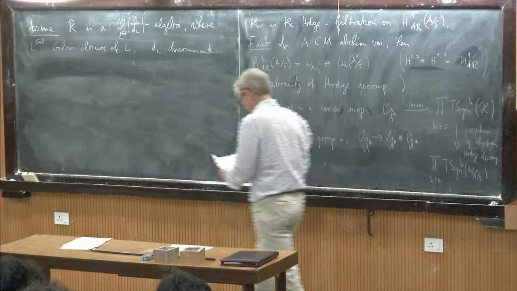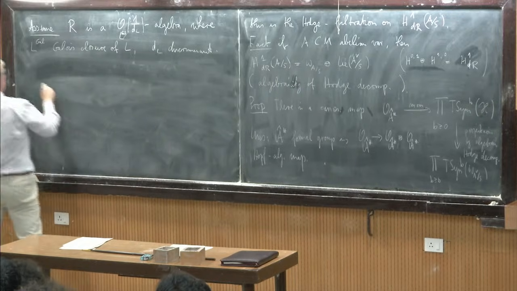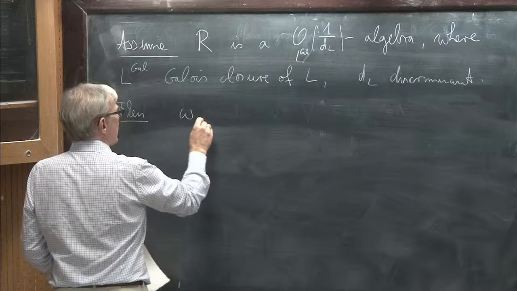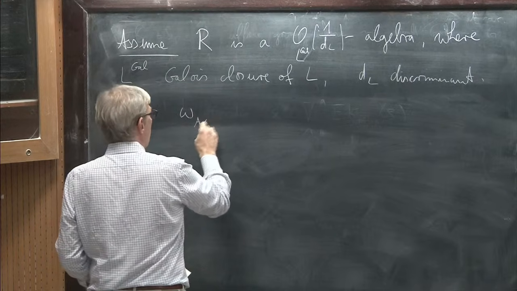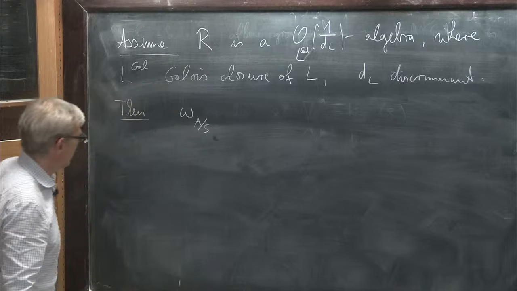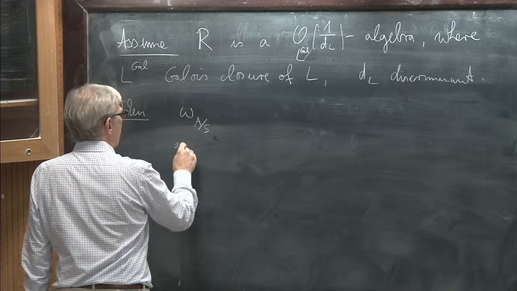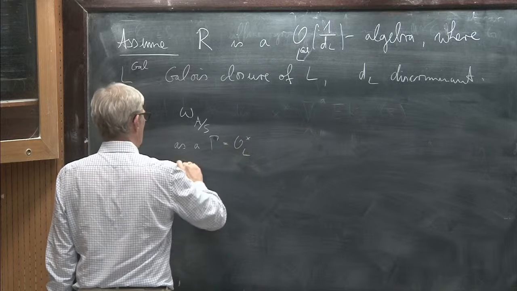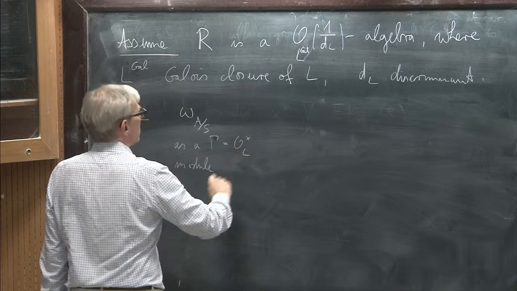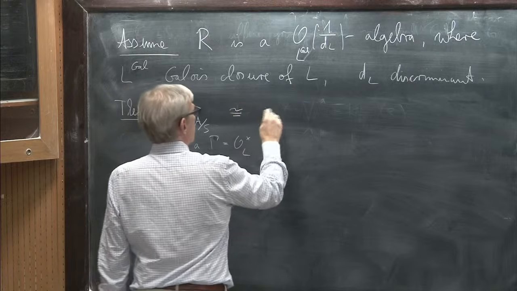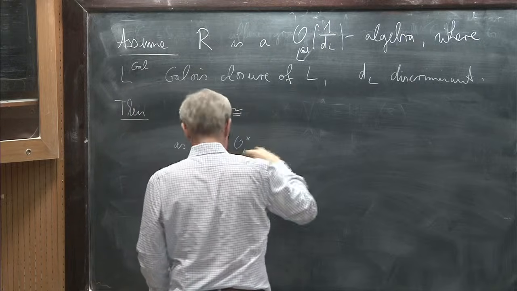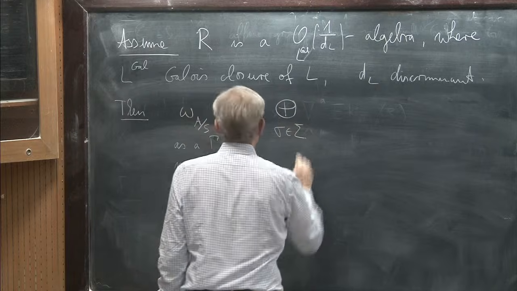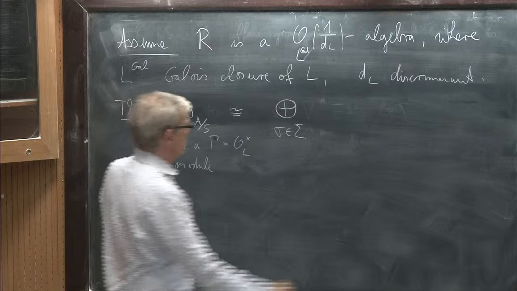So what you get is this omega A over S, as a gamma OL star module, decomposes into the sum over sigma in Sigma.